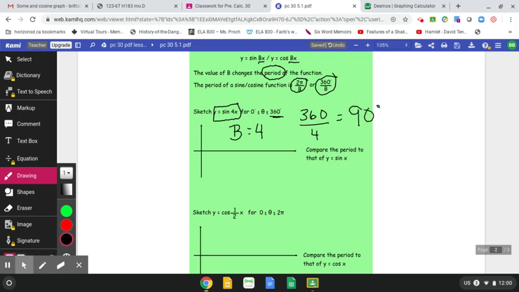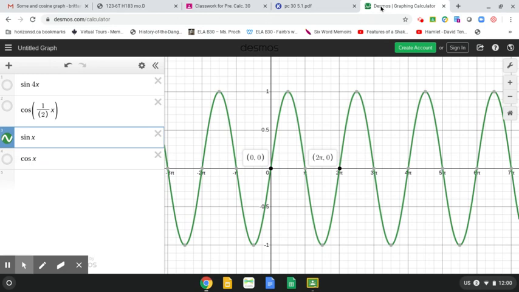So let's just check to see if that was right. What I did is I graphed y equals sine 4x in Desmos. Because this is in degrees, I should have my Desmos in degrees. Right now I don't, it's actually in radians, so I will fix this for you.